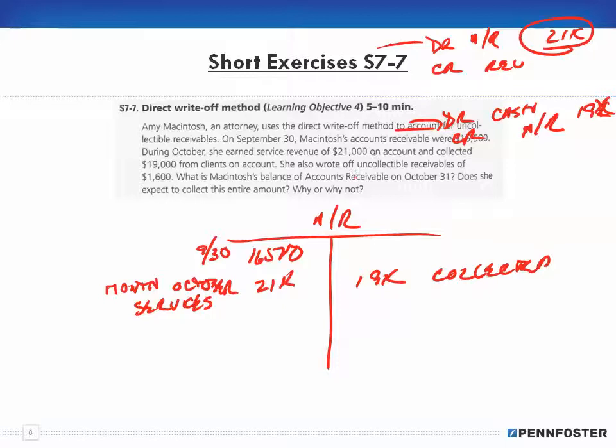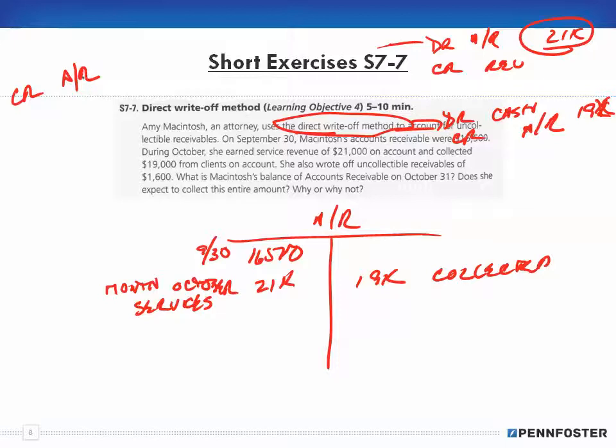Now, it says here she also wrote off uncollectible receivables of $1,600, right? Well, remember, she's using the direct write-off method. So as soon as an accounts receivable is bad and she knows she's not going to collect it, she has to make a journal entry. She's going to credit accounts receivable because she's writing it off.